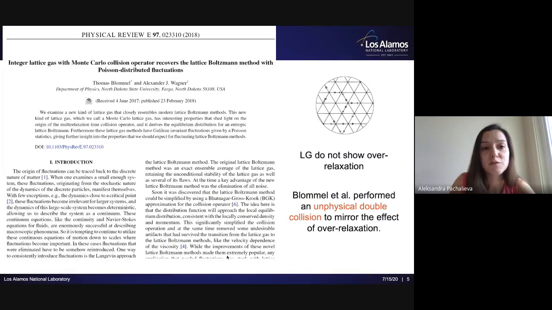For example, one of his students, Thomas Blommel, worked on integer lattice gases, trying to understand the model better, and he realized that integer lattice gases could not show over-relaxation.